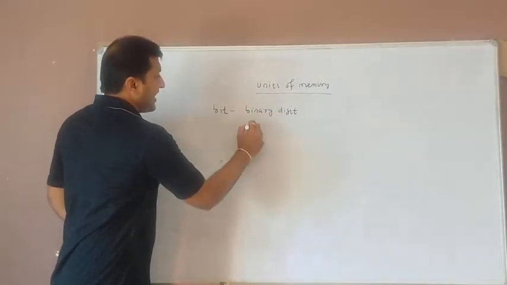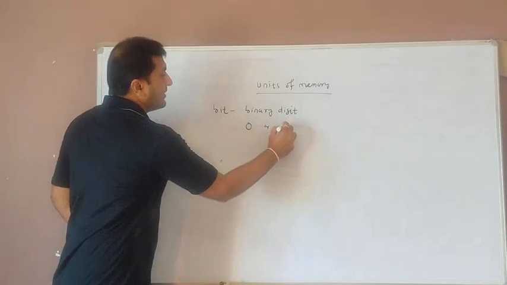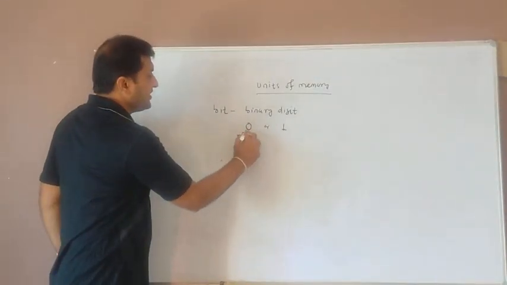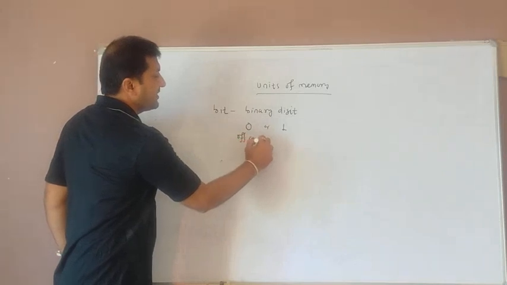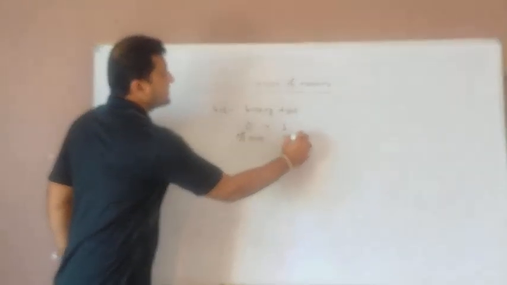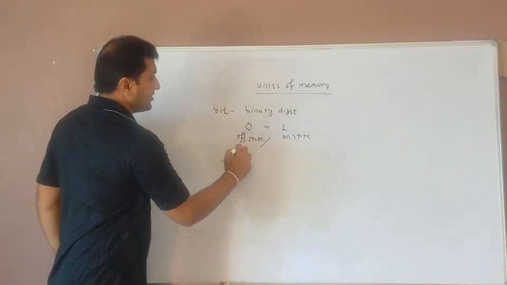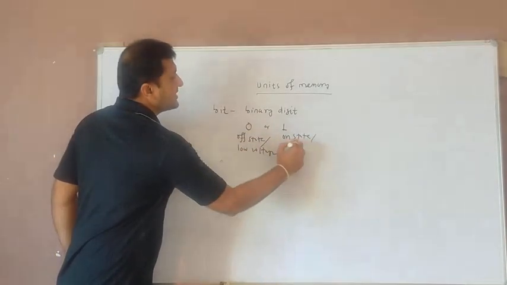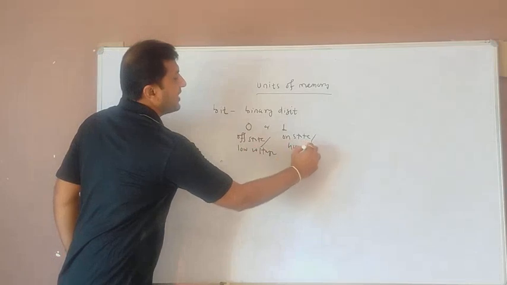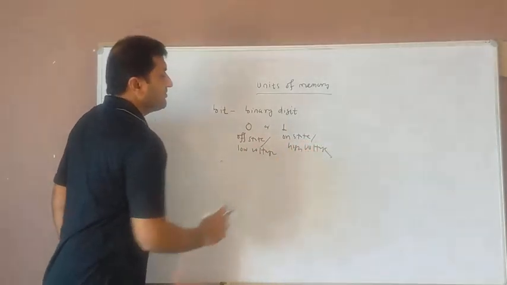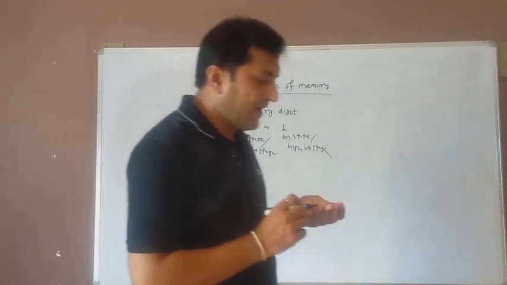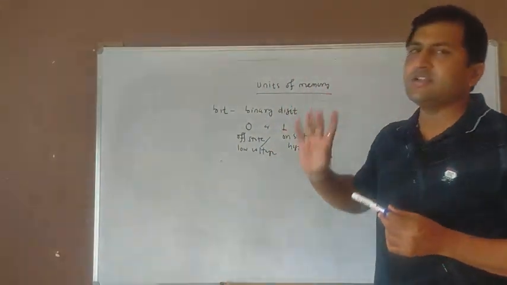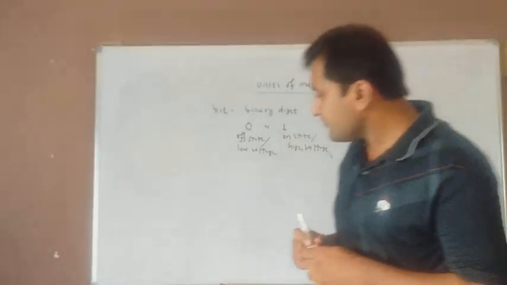It represents either 0 or 1. 0 is a bit, 1 is a bit. 0 represents the off state, 1 is called the on state. 0 is also called low voltage, 1 is called high voltage. 0 represents a false value, 1 represents a true value. So 0 and 1 is the smallest unit of memory.